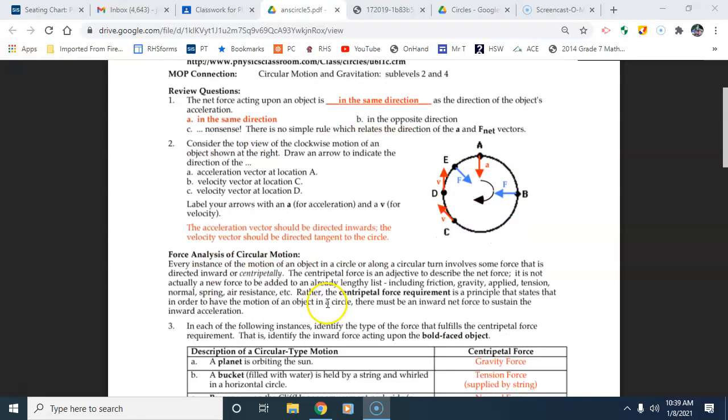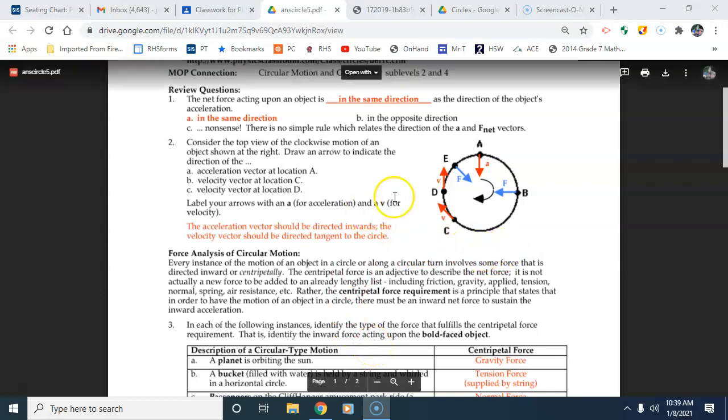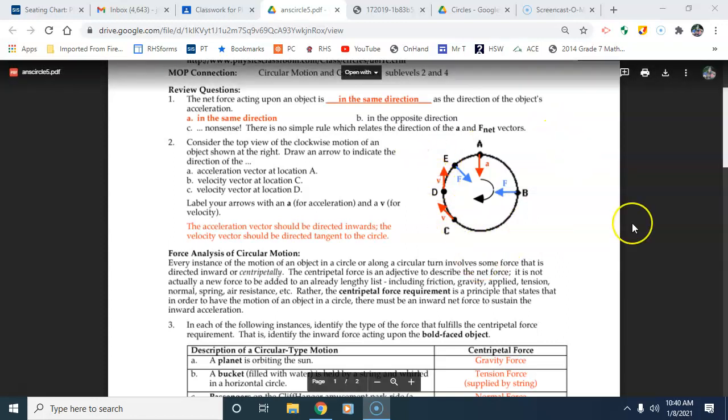Although it looks like it didn't ask, the force vectors, I don't know if it was supposed to ask and it's not there, but the force vectors you can see are drawn on positions E and B, and they point inward as well. The main thing here is that the force and acceleration vectors would point inward. The velocity points tangent to the circular path.